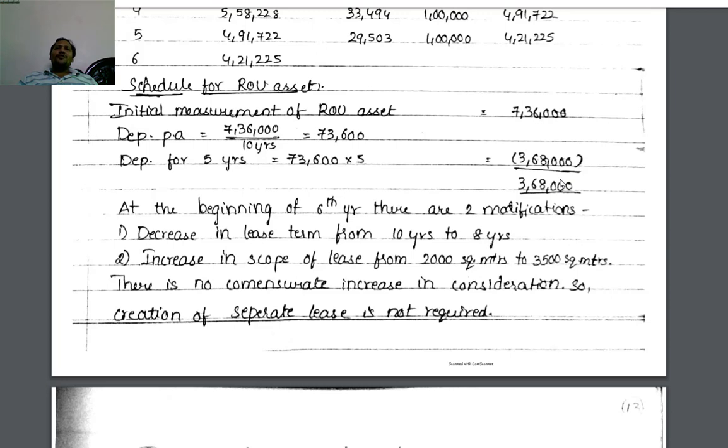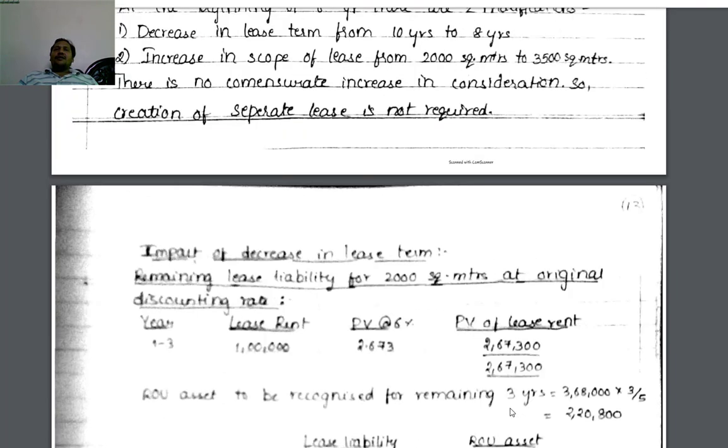So 2 years portion we can exclude. 3,68,000 is for next 5 years. For 3 years, how much? 2,20,800. So the balance is at present 3,68,000. It should be reduced to 2,20,800. 1,47,200 is the decrease.